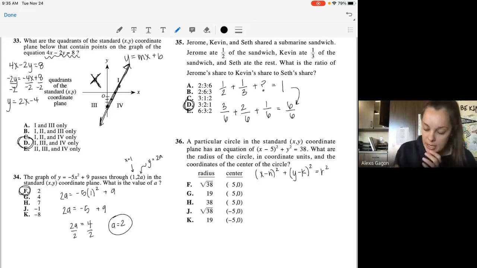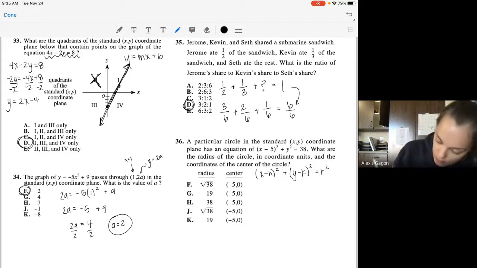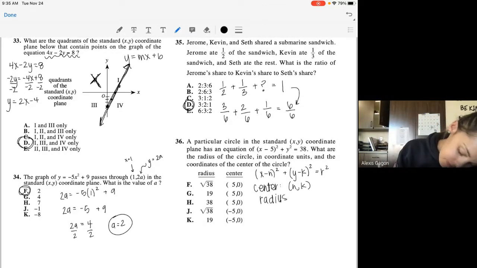Okay, anyways, so this is telling us that for this equation of the circle, the center is h comma k, and the radius is r. And notice this is r squared, so you just have to square root it.